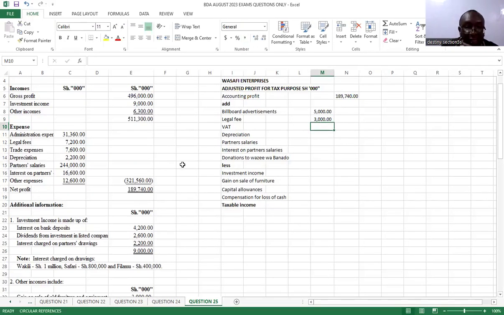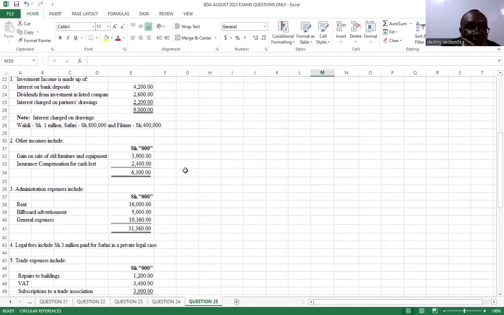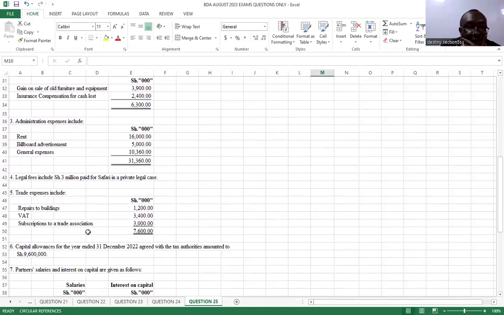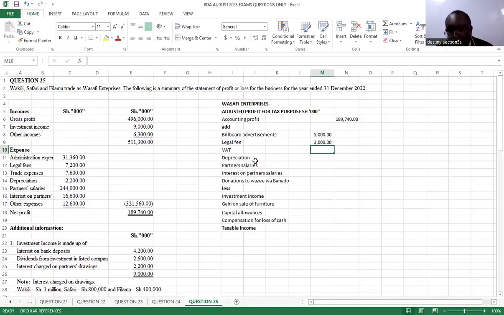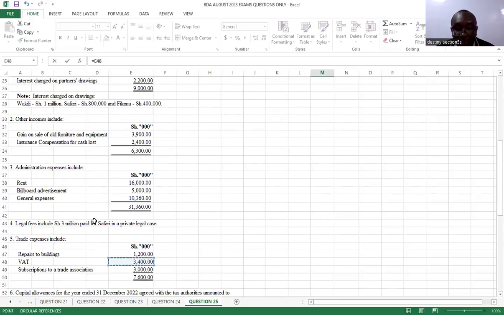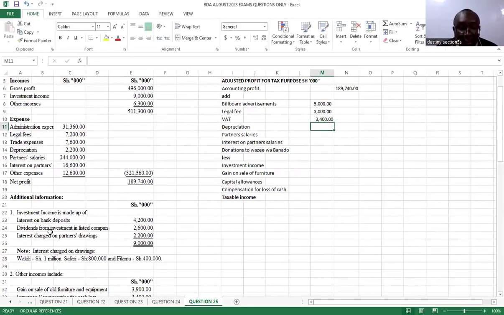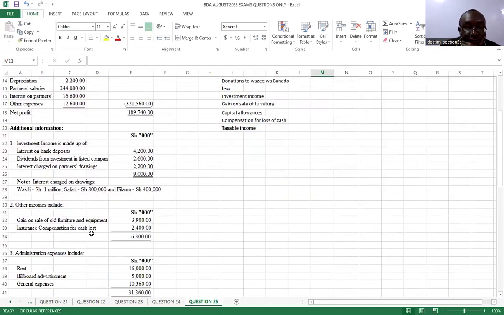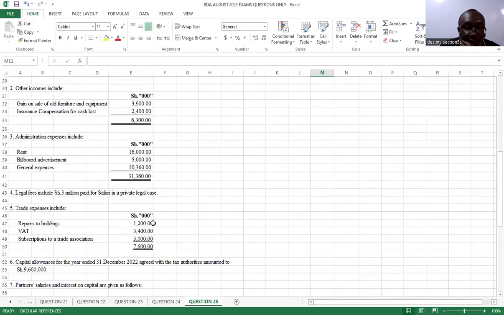Then we have the VAT. This one is not part of the trading expenses. So I should have said equals this one there. You enter. Then we have depreciation. Depreciation, where is it computed?